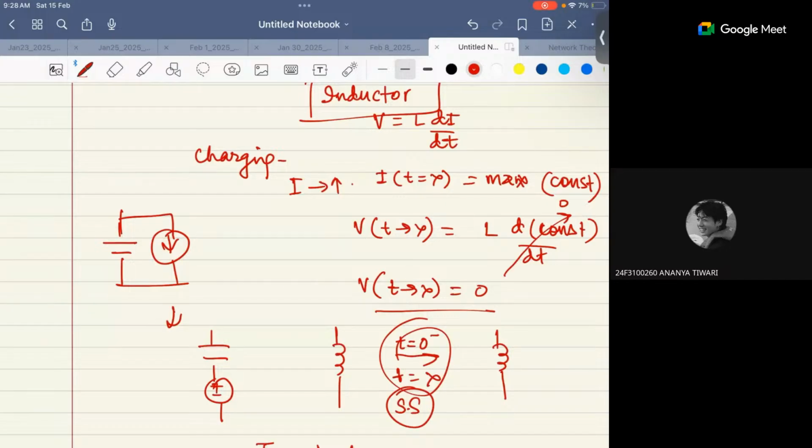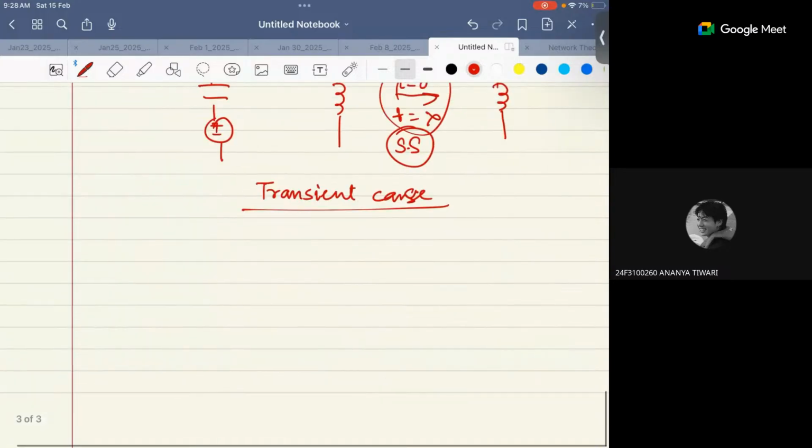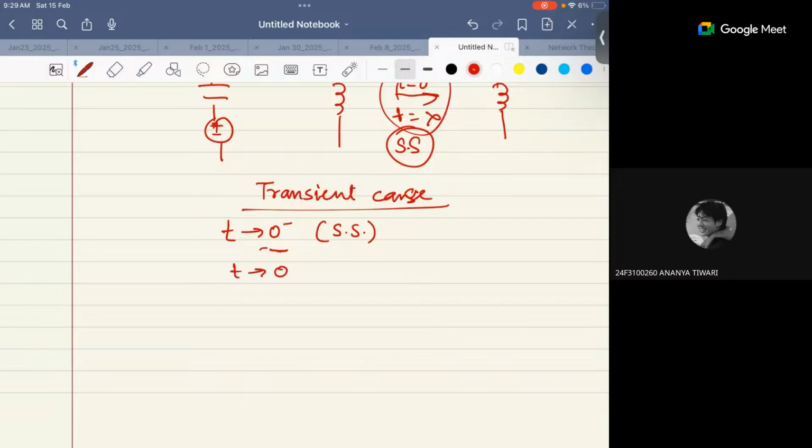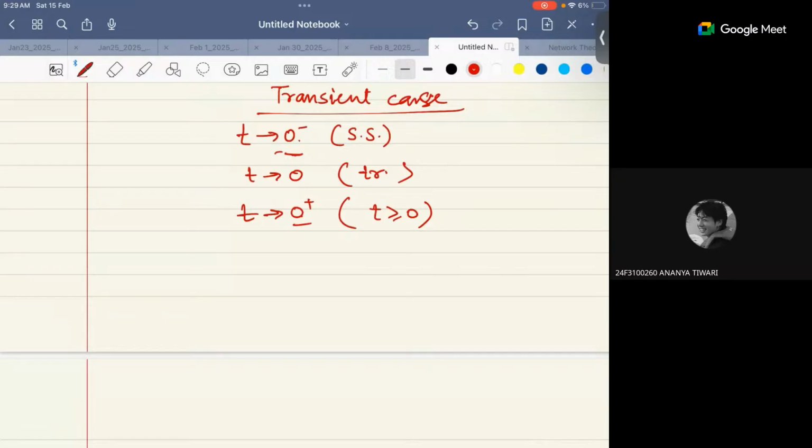First you deal with the given circuit at t equals 0 minus, and this is a steady state, because from infinite time till 0 minus there was one switching condition, maybe it was open or closed. At t equals 0 there was a change in the condition, this is the transition. And at t equals 0 plus, the transient condition starts again. So from 0 minus to 0 plus, if you are dealing with the inductor, the current will be the same. But at 0 plus, when you are writing your inductor, maybe you can change it directly with a current source.